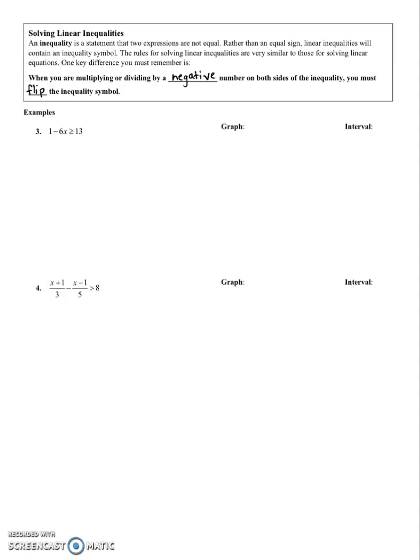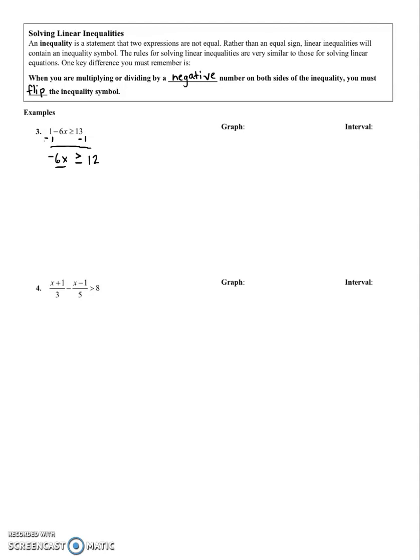All right, so let's check out an example. We have 1 minus 6x is greater than or equal to 13. We solve for x just like we would if there was an equal sign. So subtract 1 on either side, and that leaves us with negative 6x is greater than or equal to 12.